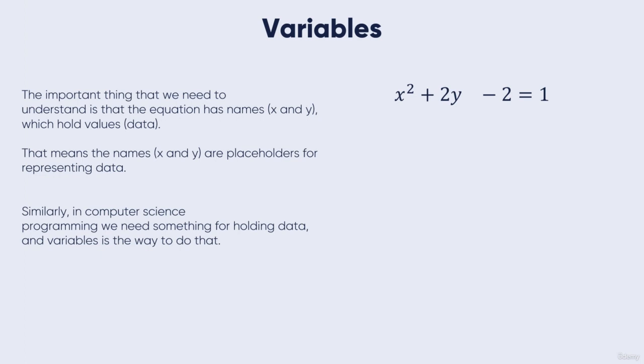The important thing that we need to understand is that the equation has names x and y, which hold values or data. So x would hold data or value, and y in the same way. That means names x and y are placeholders for representing the data.